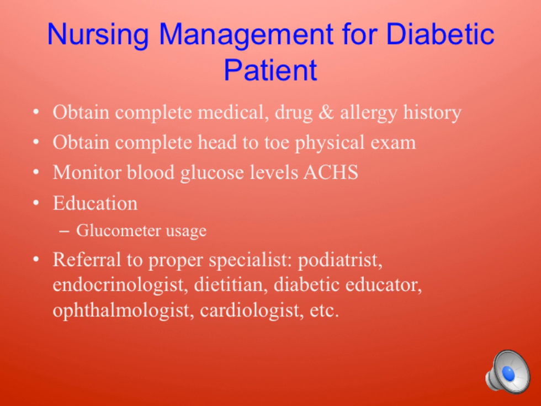We need to know the type of diet that this patient needs to follow. We want to know the medical regimen. Are they on insulin? Are they going to be taking oral antidiabetics? We want to know materials for insulin administration, such as, are they going to be using a needle and syringe? Will they be using an insulin pen? Do they use an insulin pump?